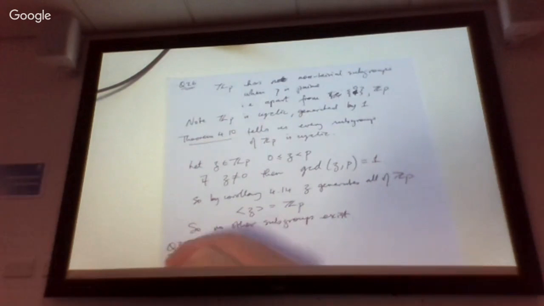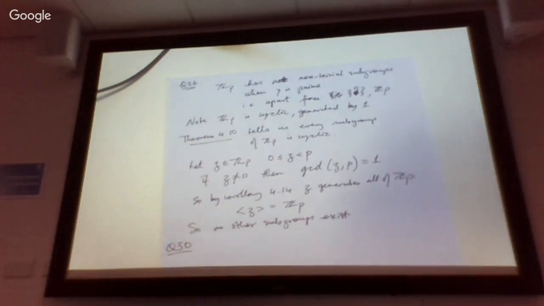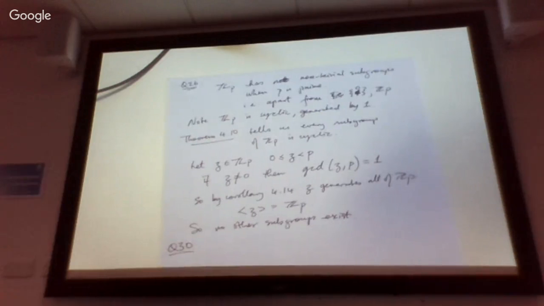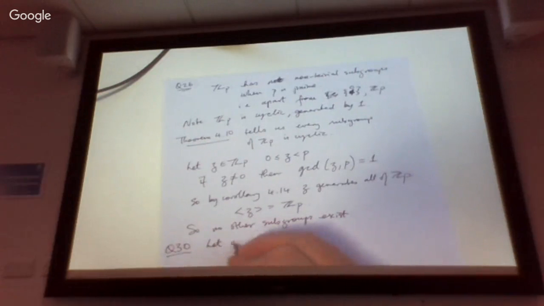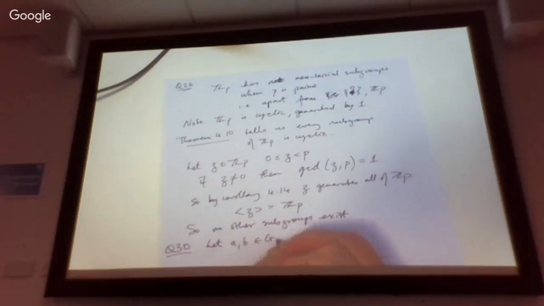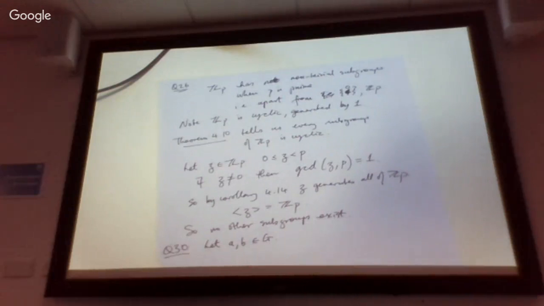The subgroup containing the identity, and the whole group itself. So apart from that, it has no non-trivial subgroups.